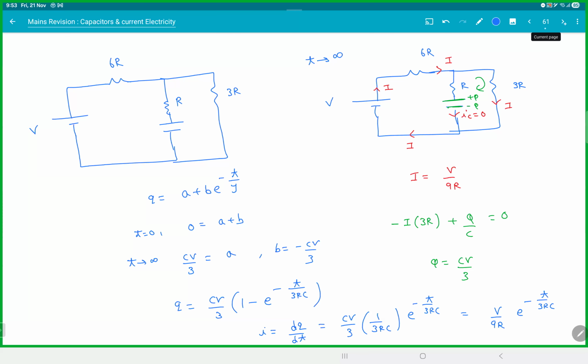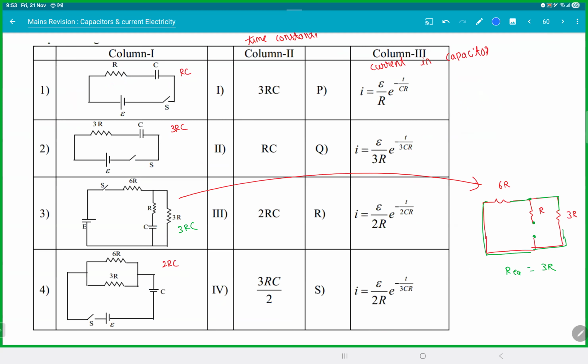Anyone can find any mistake here? Time constant is right. Charge looks right. I think maybe this is not the current in the capacitor, right? It's current in the battery, I guess.